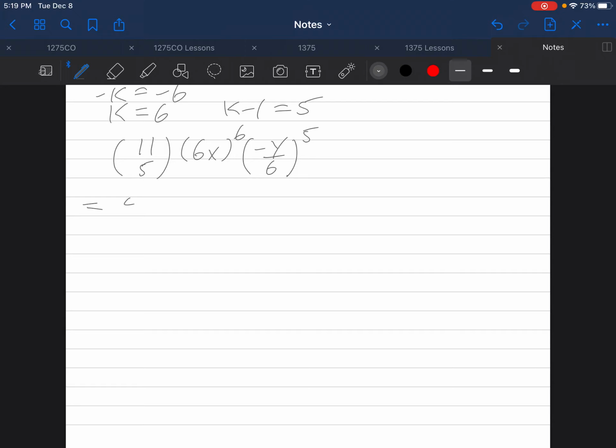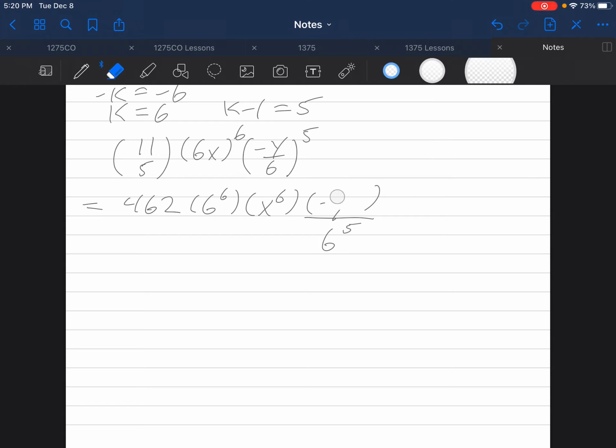So this is equal to 11 choose 5, which is equal to 462. That's 6 to the power of 6 times x to the power of 6 times negative y to the power of 5 divided by 6 to the power of 5. This needs to be rewritten because I wrote that incorrectly. It should be negative y raised to the power of 5 on the outside of the parentheses.